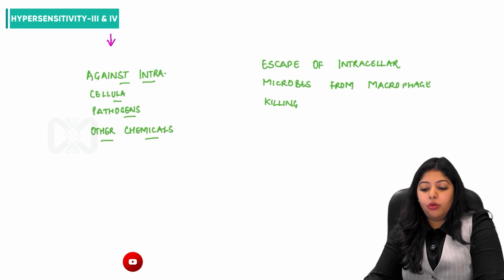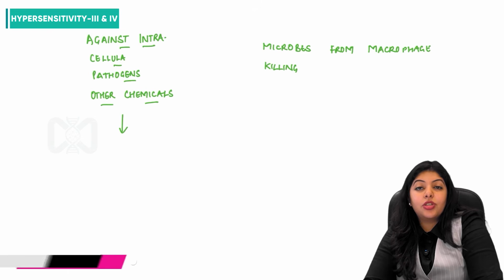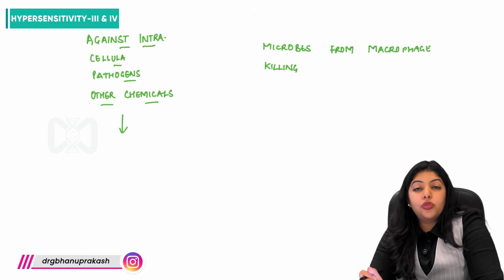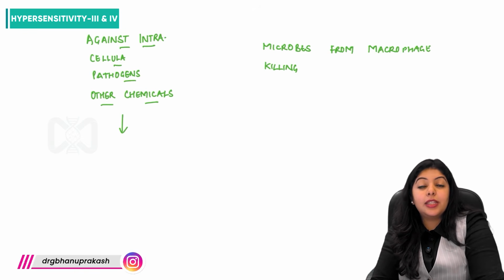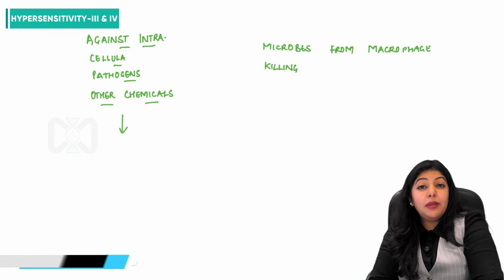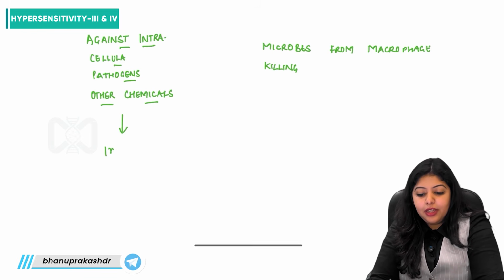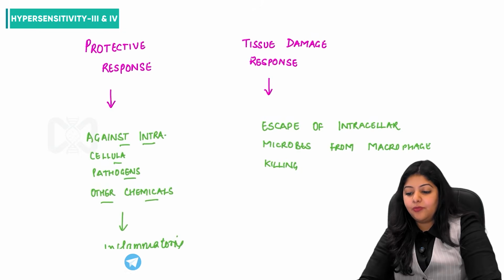But because a lot of these intracellular pathogens are difficult to kill, in order to kill them, they release lots and lots of lytic enzymes and cytokines. So because of that, a large number of inflammatory events are occurring, right? Instead of protecting, a lot of inflammatory reaction occurs.